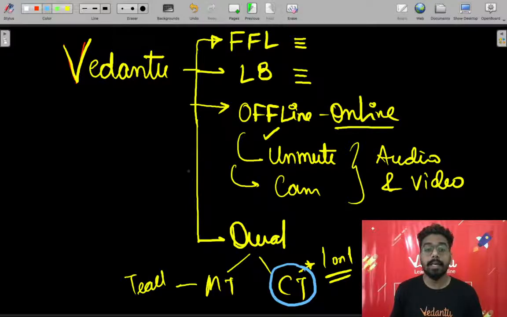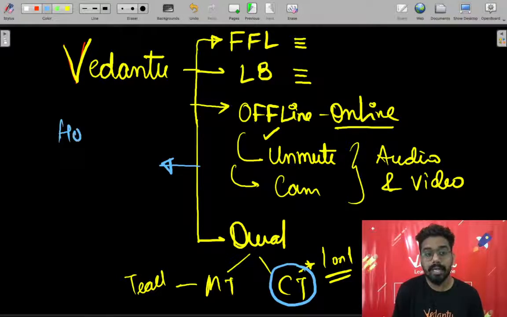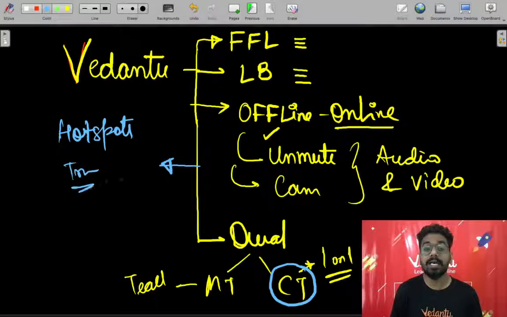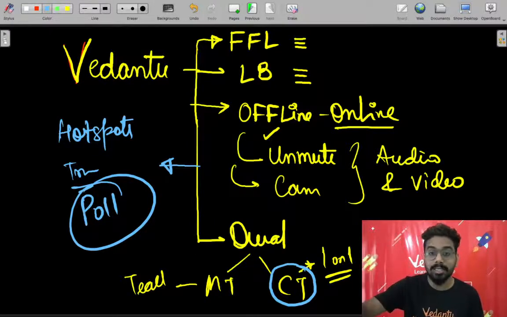Okay. Now apart from this, what you will have? We can have more interaction. We can have the response hotspots. What does it mean? We can have the true false question. In this true false question, we can have a poll. Means we can check how many people support a particular thing, how many people do not support a particular thing.